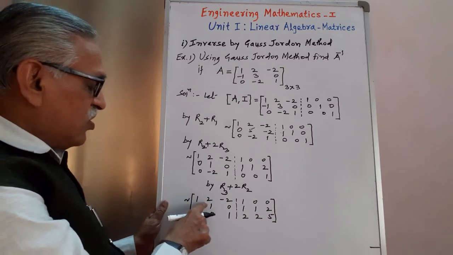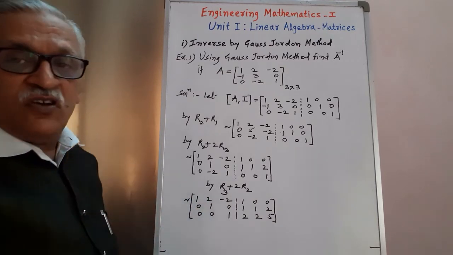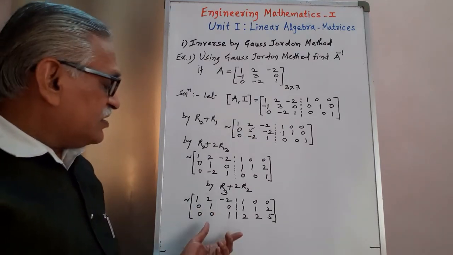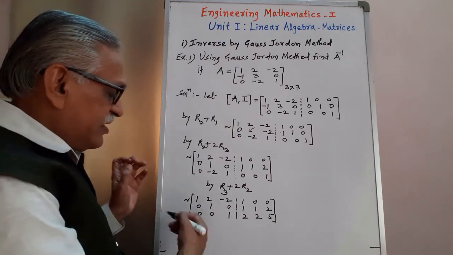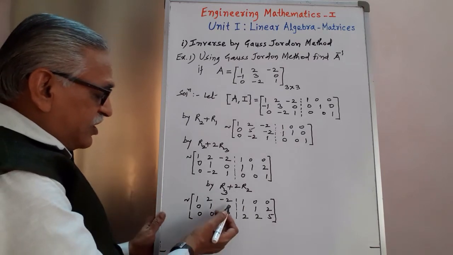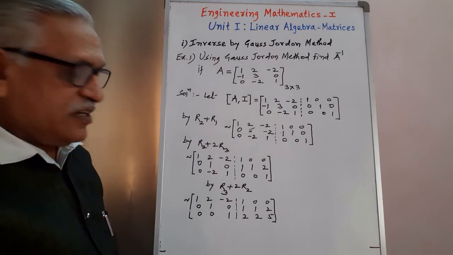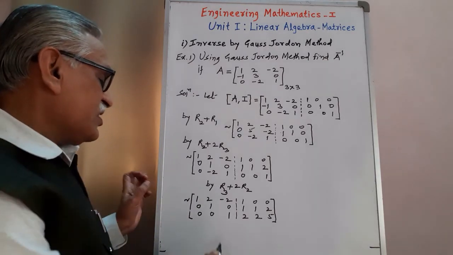I have converted all the diagonal elements to 1 and the lower elements to 0. Then in the next part, we have to convert the upper diagonal elements to 0 by applying the same row transformations.